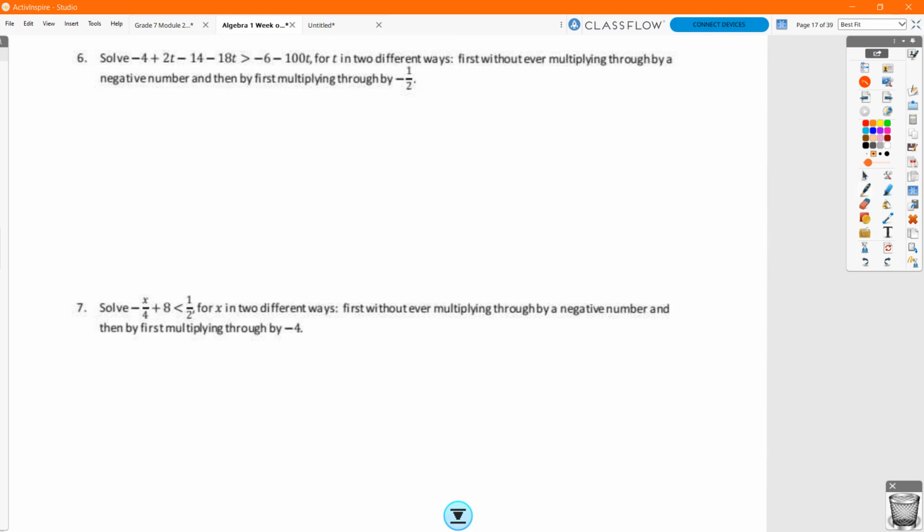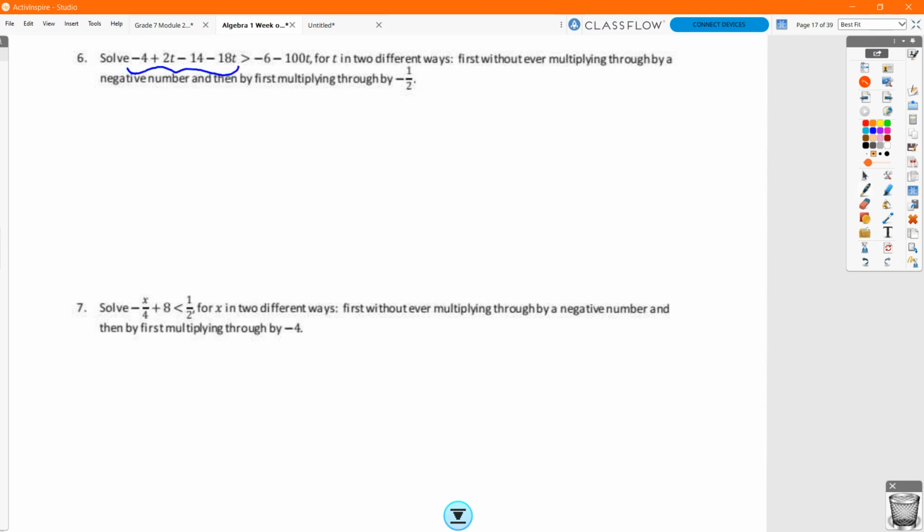So without ever multiplying through by a negative number. This is a good one. Well, why don't we go through the simplifying process here? Let's regroup these terms.